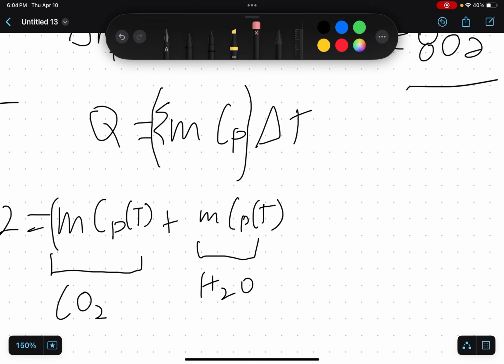I'm gonna redraw this as T initial. I'm gonna redraw this T final.